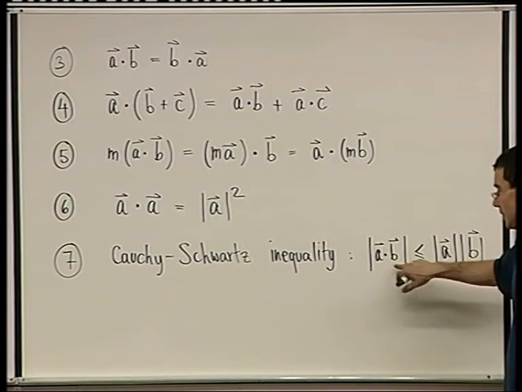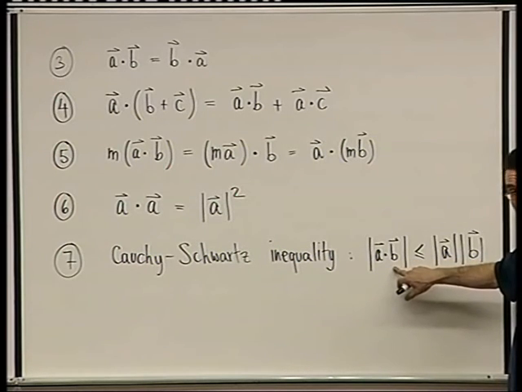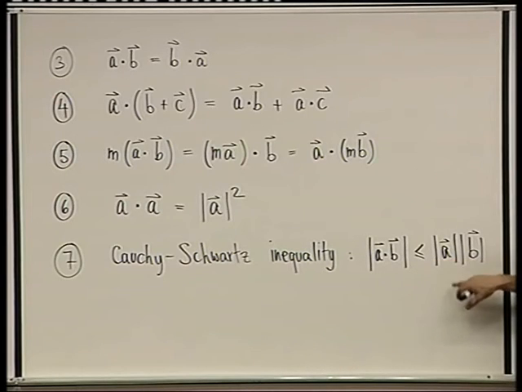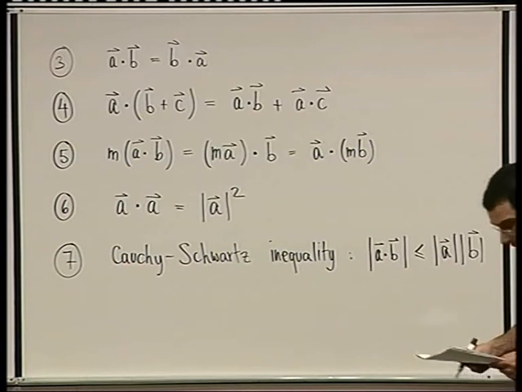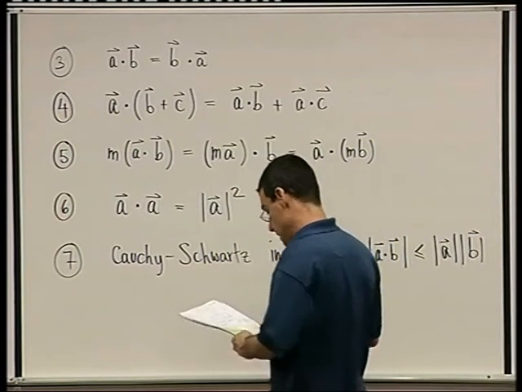So the absolute value of A dot B is always less than or equal to the length of A times the length of B, since cosine alpha is less than or equal to 1. Clear? Do you agree that here this is for free? It doesn't even pay to write down the proof. It's so obvious. Good? Okay, so this is the Cauchy-Schwarz inequality.